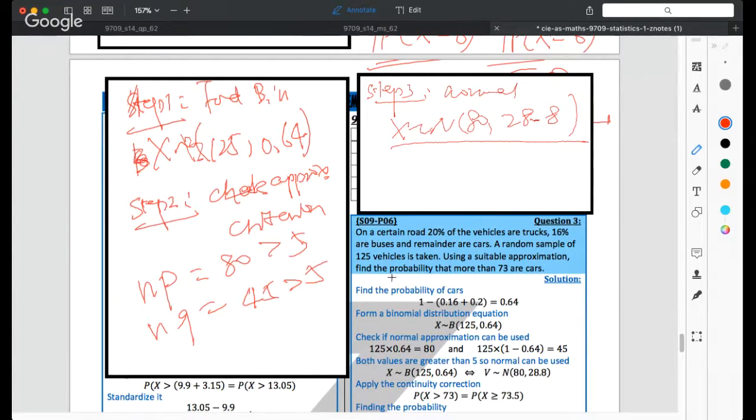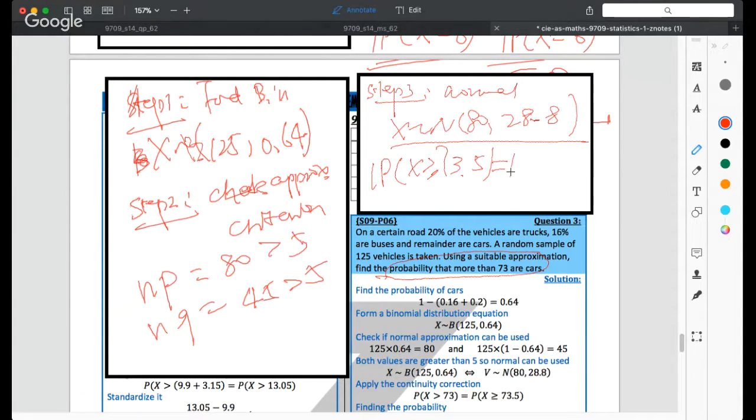Then what we are left to do is to use a normal distribution to find the probability of having more than 33 cars. And in order to take note of the continuity part, we have to put 73.5. Okay.